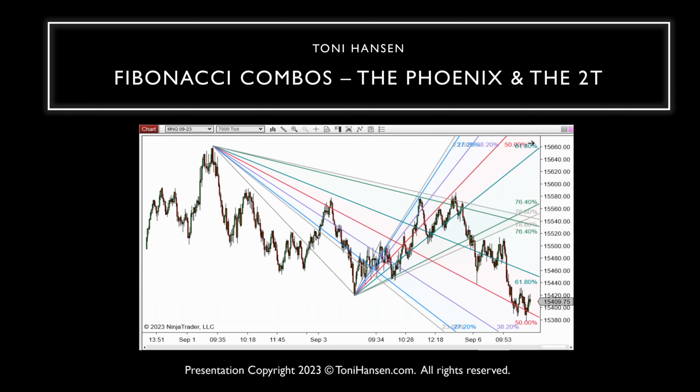So using Fibonacci combinations, this is where we really start to get an edge. Now, on this movement here, coming off of the lows as we were heading into the week, we had what I call a chevron phoenix. It's basically this really strong move higher, kind of shifts here, and then it shifts on the pullback.